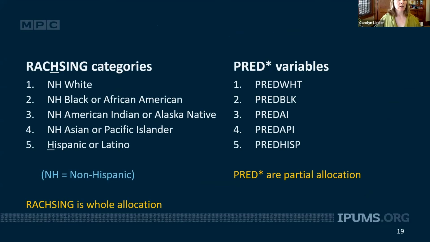So the RACHSING categories match those 5. You can see that RACHSING has an H in it because we've got Hispanic as one of the categories, Hispanic or Latino. And then RACHSING is a whole allocation version, and then the PRED variables are based on the prediction equation, and they're the same information, but they're partial allocation, same general information.